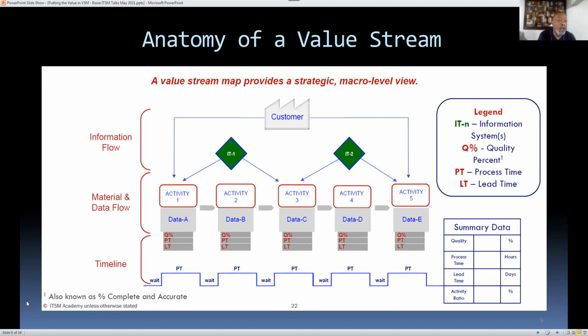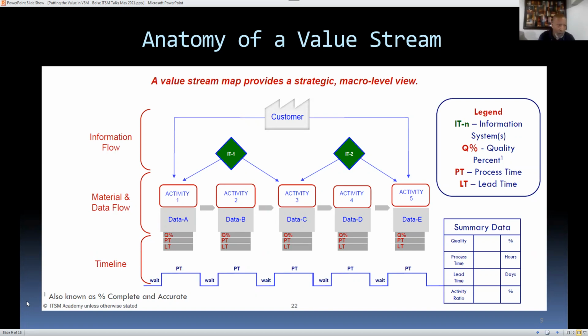But I could also increase my ability to get from the start, left side, to the end, the right side, by looking at the things that are happening in between the activities. So if you look down at the bottom here, those dashed lines that are up and down and vertical and horizontal that are going all the way across, you see the words wait and you see the letters PT for process time.